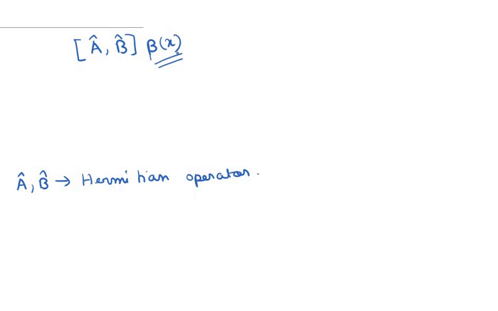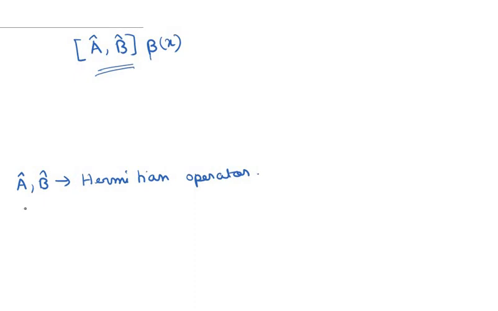Since it forms a complete orthogonal basis, this beta x can actually be expanded in terms of the eigenstates of operator a or operator b. Let us say that operator a and operator b have the same set of eigenstates.